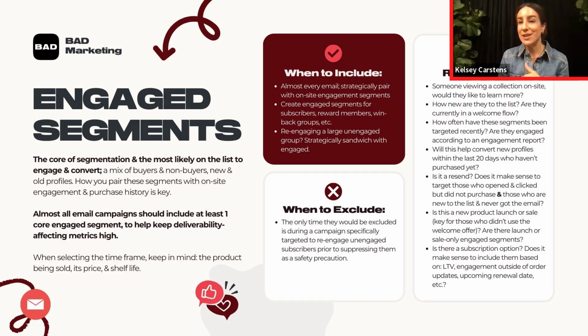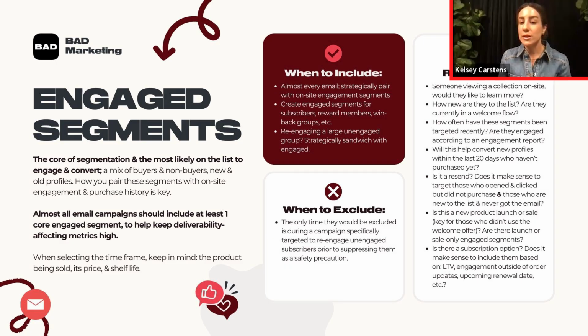They've engaged in the last 90 days, but not the last 20. They've engaged with product 1, but not product 2, or types of emails, or during sales, or all of this matters. So you really have to take this and go much more granular as well based on your brand, and make sure that those timeframes accommodate as well.